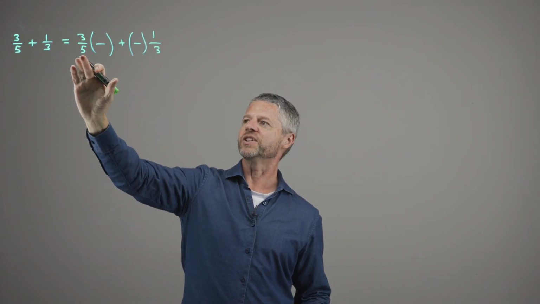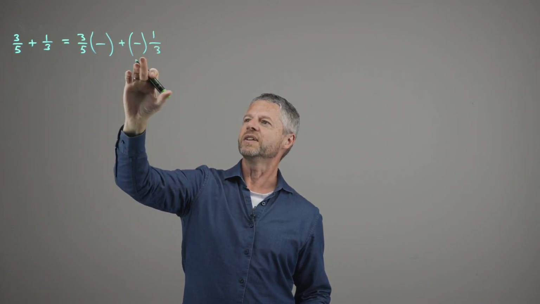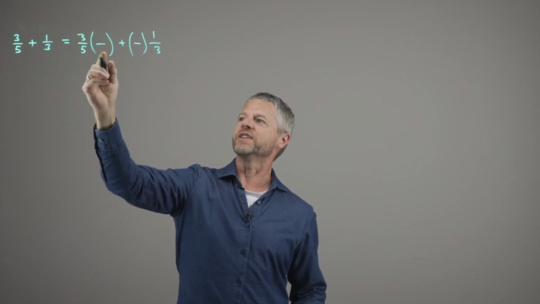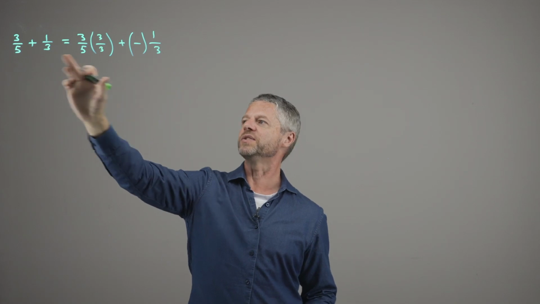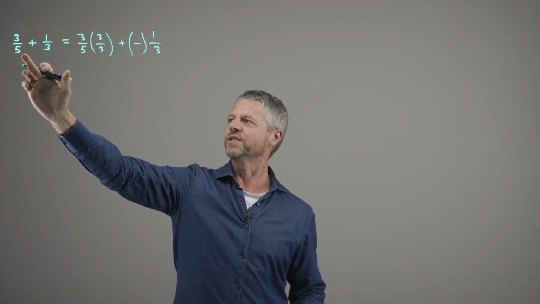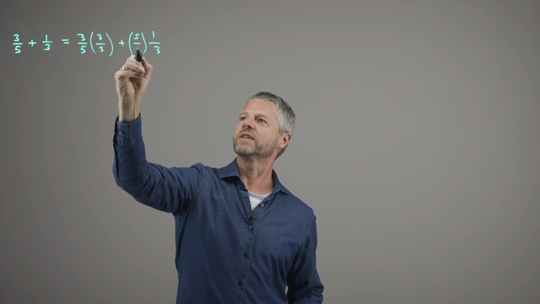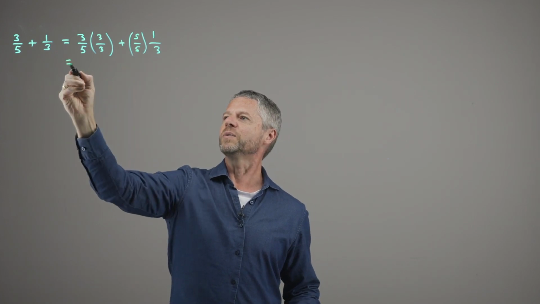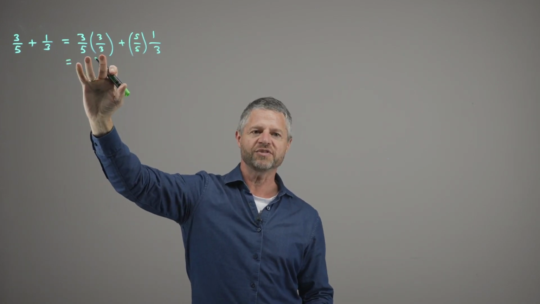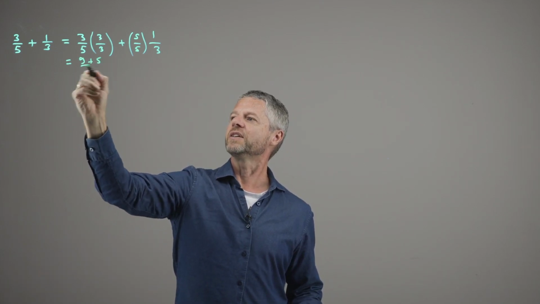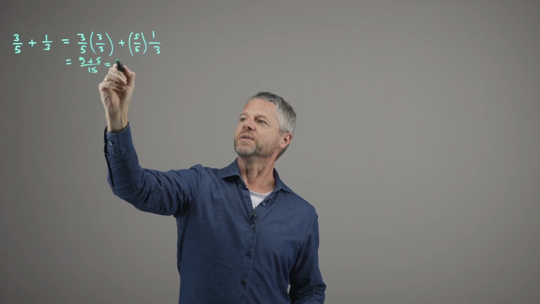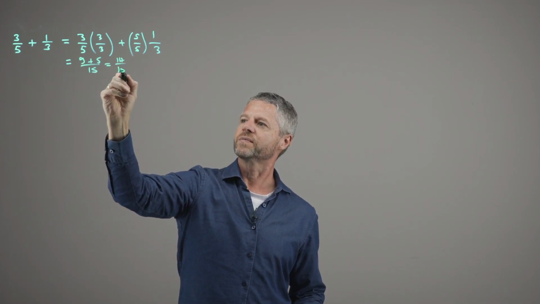For the first fraction, we use the denominator of the other fraction, so 3/3. For the second fraction, we use the denominator of the first fraction, so 5/5. That way, we end up with a common denominator of 15. So we end up with (9 plus 5)/15, which is equal to 14/15.